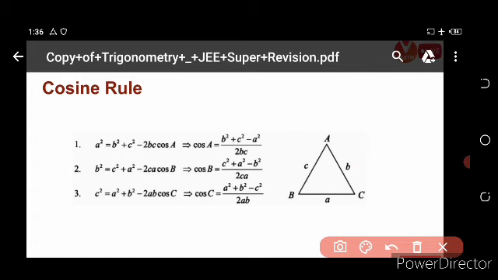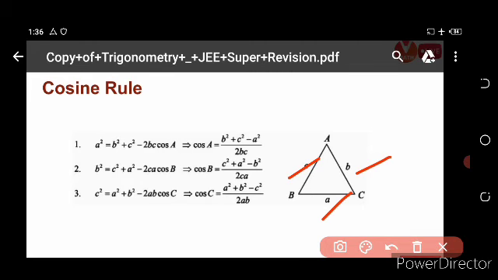Here, what is a square? That is b square plus c square minus 2bc and the including angle cos A. Similarly, b square is equal to a square plus c square minus 2ac cos B. Similarly, c square is equal to a square plus b square minus 2ab cos C.